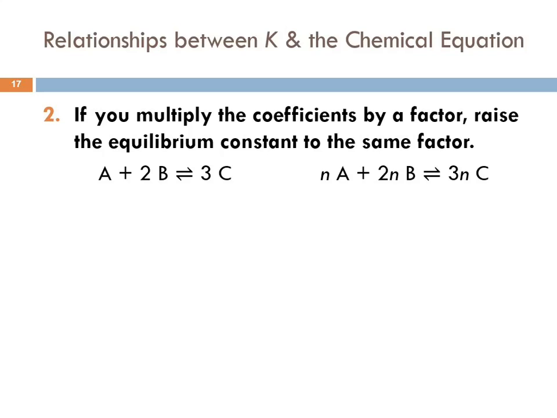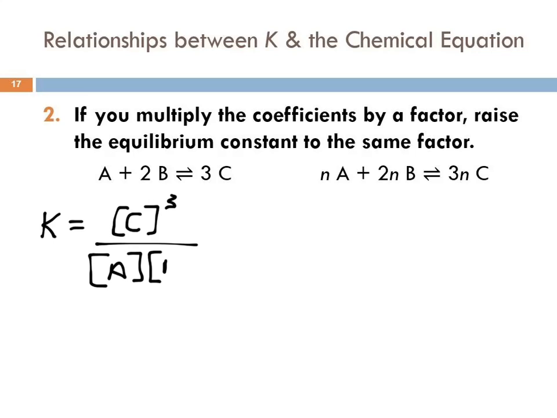If you multiply the coefficients in the chemical equation by a factor, then you have to raise the equilibrium constant to the same factor. So here we have that same reaction. We said the equilibrium constant was C cubed over A times B squared.